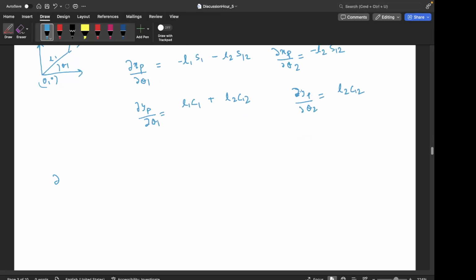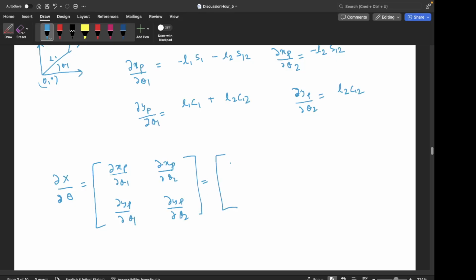Now this matrix, I can write as del xp del theta 1, del xp del theta 2, del yp del theta 1, del yp del theta 2, and this will have terms minus L1S1 minus L2S12, minus L2S12, and L2C12.